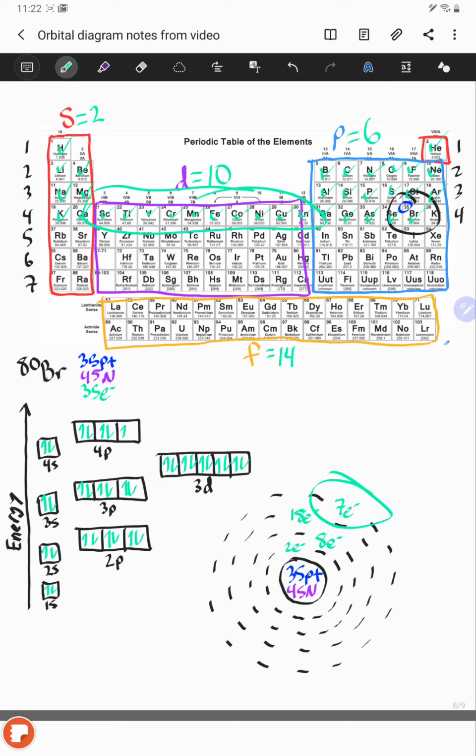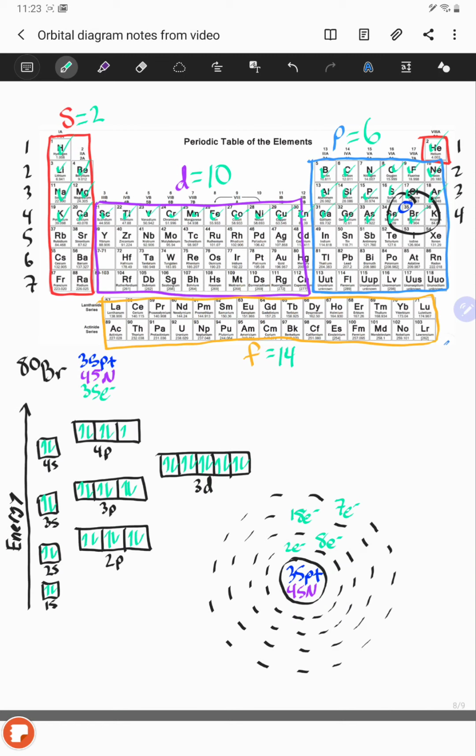There's a couple of exceptions, but there's never an exception where you're going to have like 20 or however many that'll add up to. So the d orbital always has to shift down so that we'll never end up with more than 8 electrons in that valence shell. So that is the reasoning why that d orbital has to shift down.